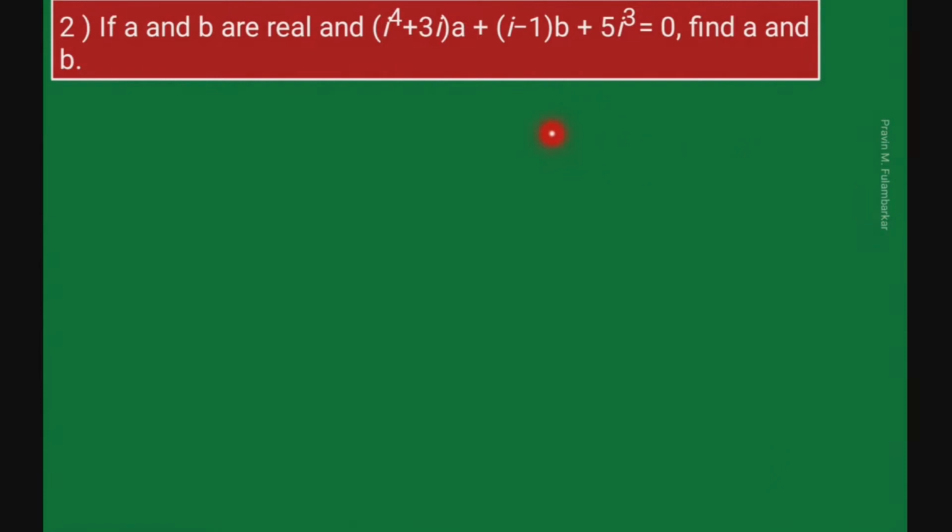Now see the second question, if a and b are real and i^4 + 3i times a + (i - 1) times b + 5i^3 = 0, find a and b. So here we have to reduce this i^4 in the form of i, and this i³ also in the form of i.